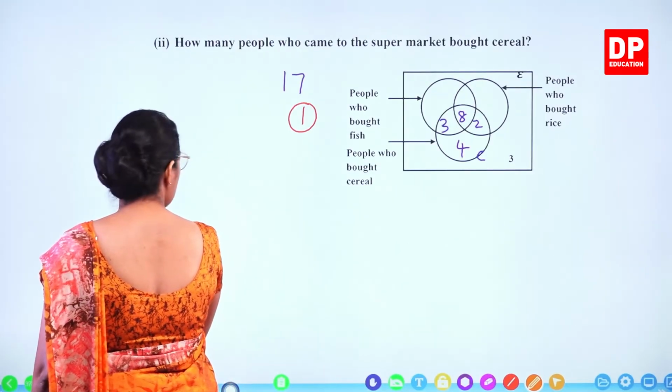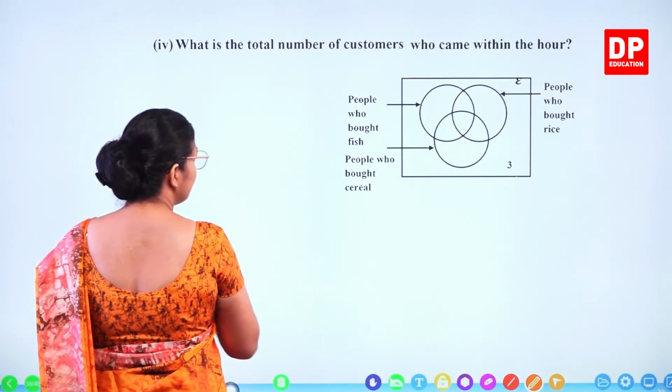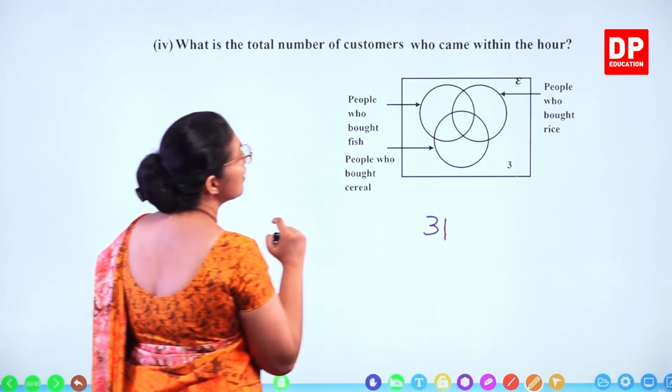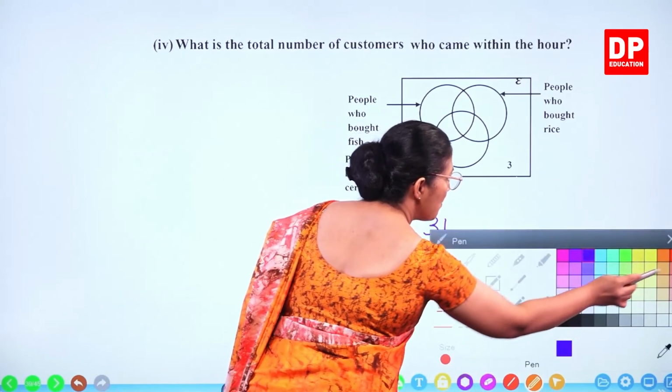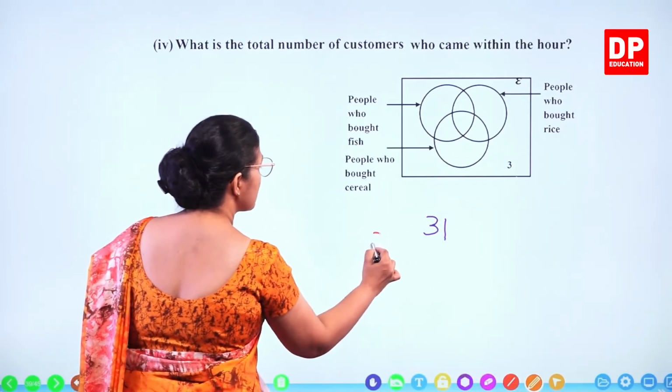So altogether 31 who came within the hour. So how many marks for that? 2 marks.